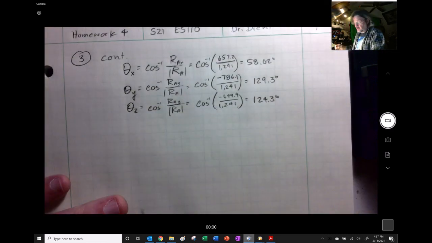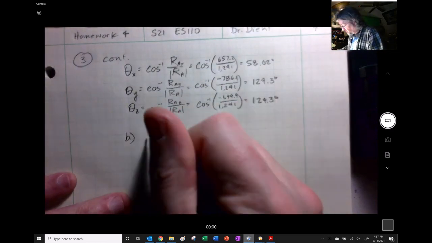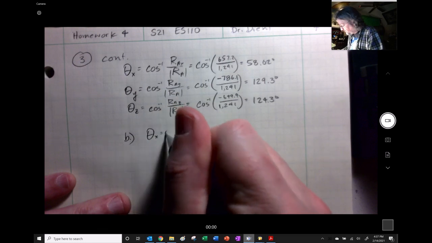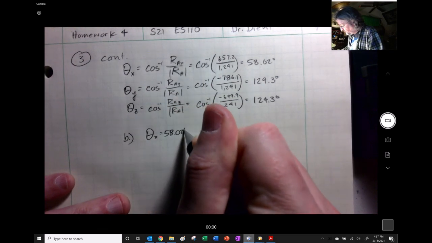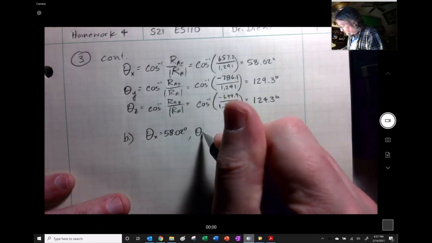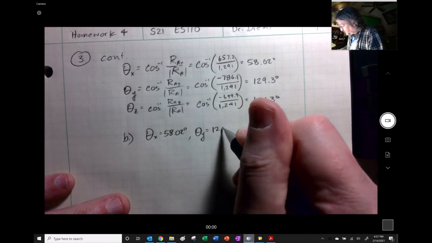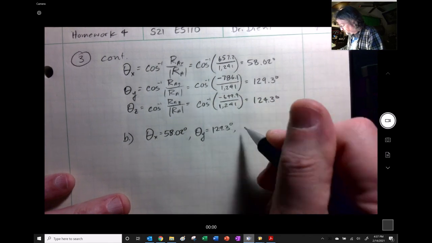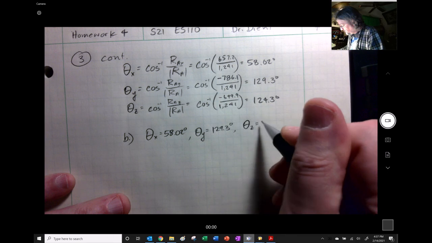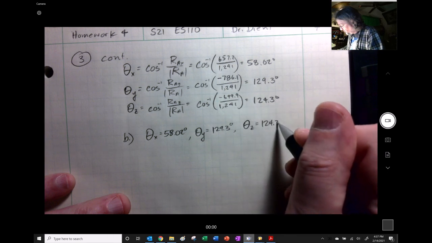So the answer to part B is theta x is equal to 58.02 degrees, theta y is equal to 129.3 degrees, and theta z is going to be 124.3 degrees.